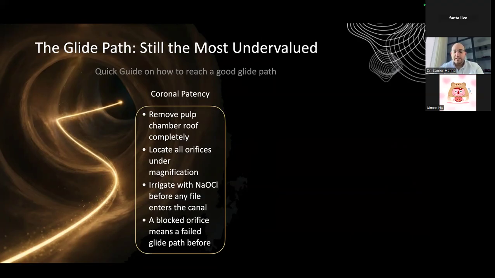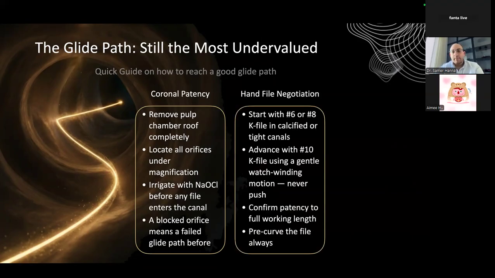So I have to see the full number of canals in a clear way so that when I introduce my file, it's going to go smoothly. And also I have to introduce sodium hypochlorite in this area so that it acts as a lubricant and facilitates my glide path.